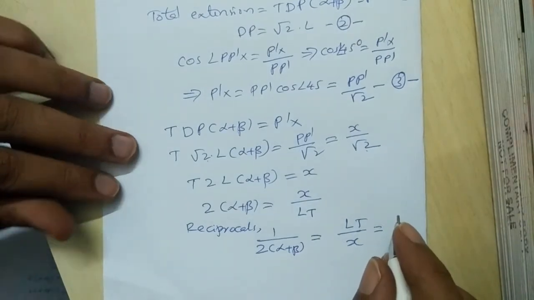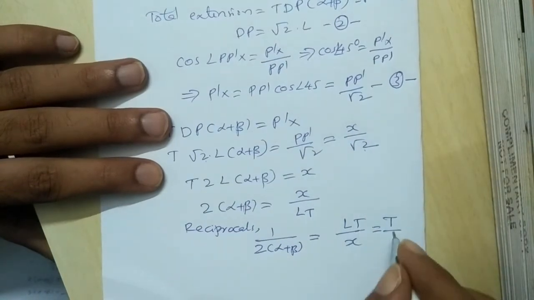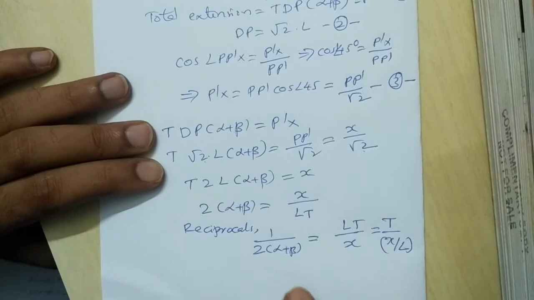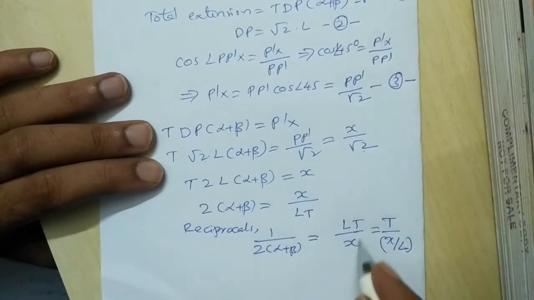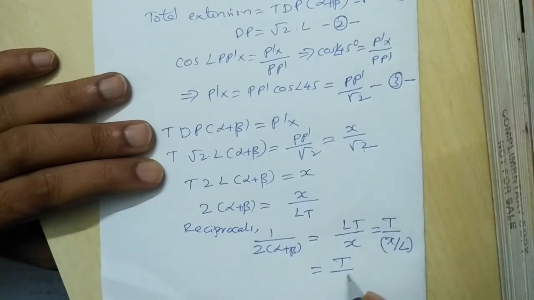Now this LT by x can be written as t divided by x by L. So we need to relate Y, eta and sigma. So that I'll get the same term back, t divided by x by L, where x by L is nothing but the shearing strain in this case, which is theta. So 1 divided by 2 into alpha plus beta is equal to t by theta.